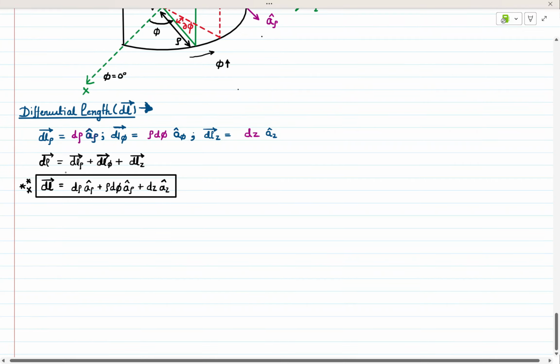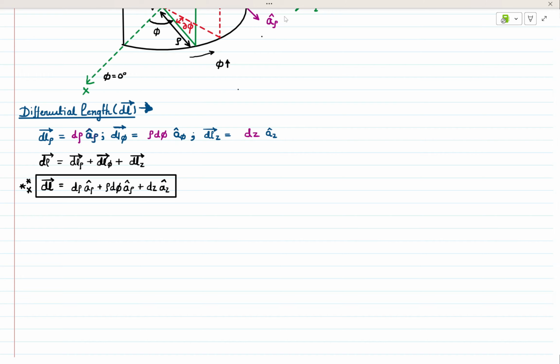Now, as we have covered the differential length, let's go to the differential area. The differential area is given by a vector quantity. That's why I have written dS, not S, as it is a differential area or small area.